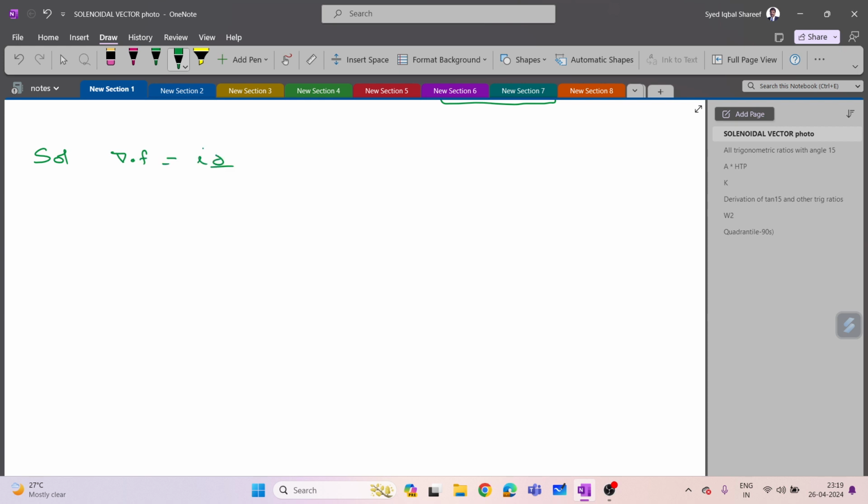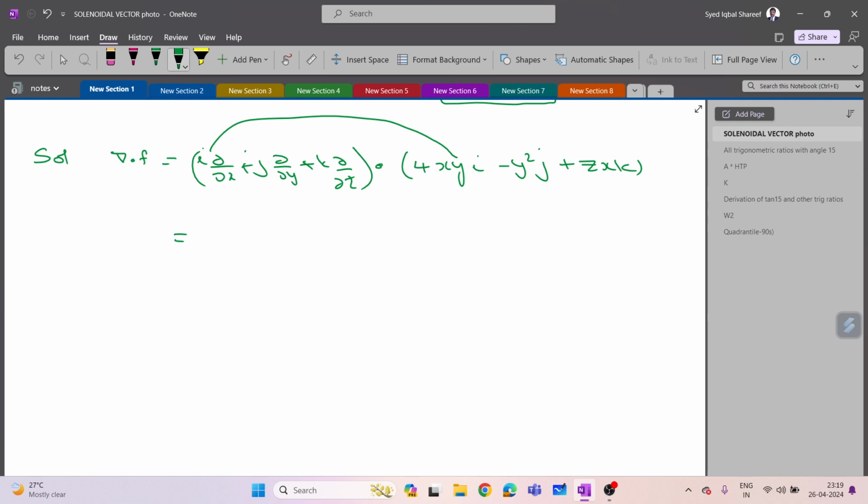What is our del? i dou by dou x plus j dou by dou y plus k dou by dou z. Taking the dot product with f, what is f? 4xy i minus y square j plus zx k. Now, i dot i is 1.